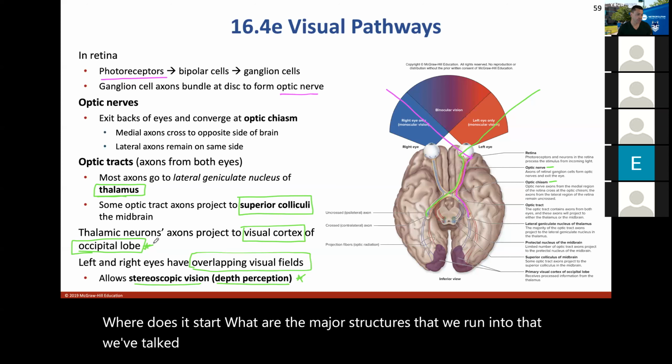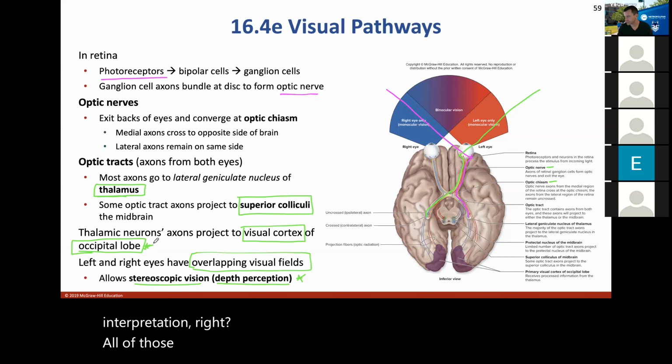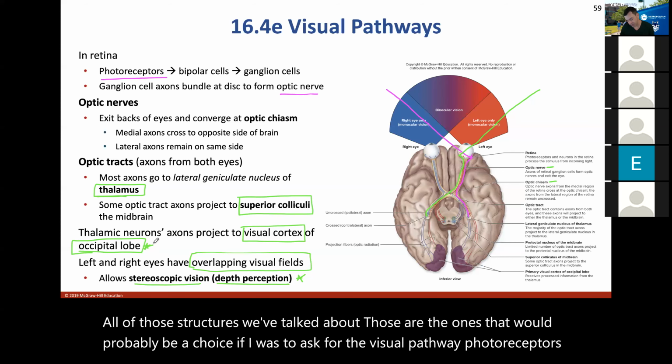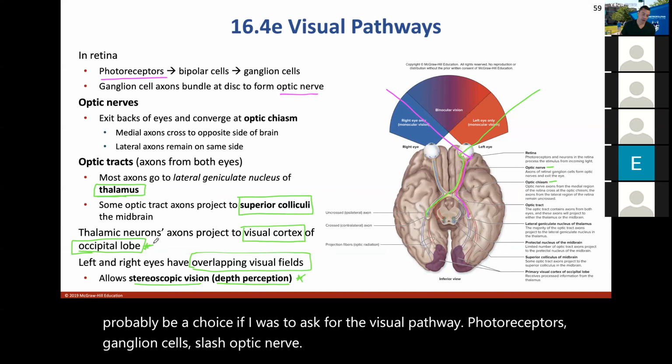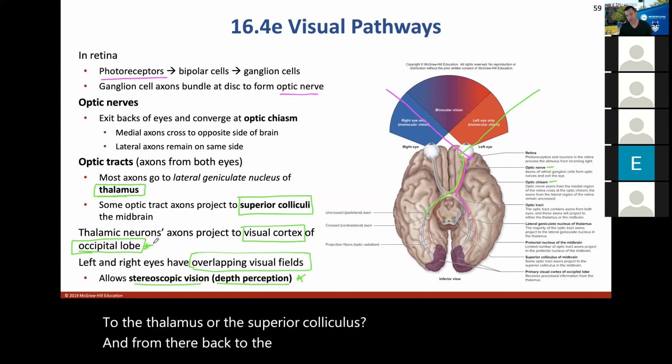Where does it end up? The specific lobe for interpretation, right? All of those structures we've talked about, those are the ones that would probably be a choice if I was to ask for the visual pathway. Photoreceptors, ganglion cells and optic nerve, optic chiasm, optic tract, to the thalamus or the superior colliculus, and from there back to the vision cortex in your occipital lobe.